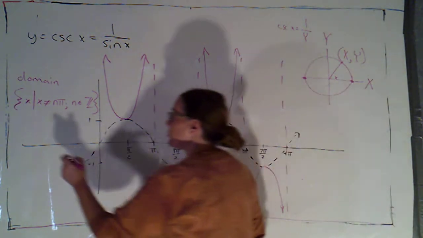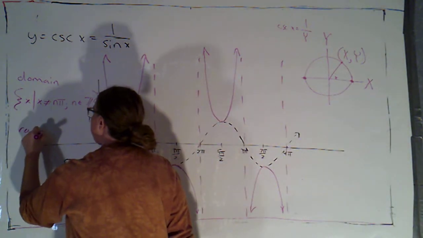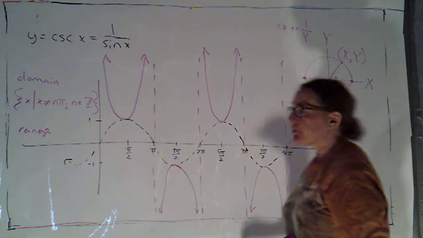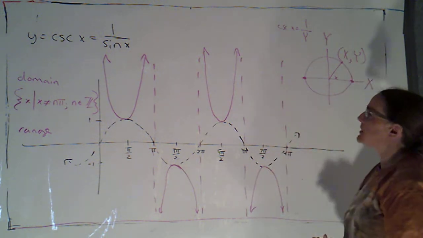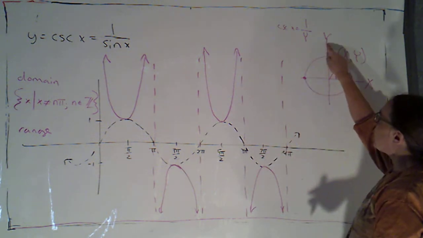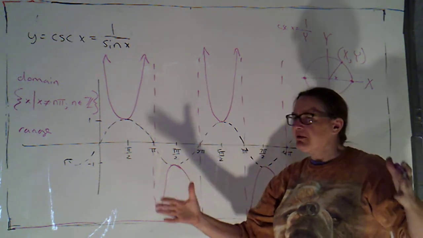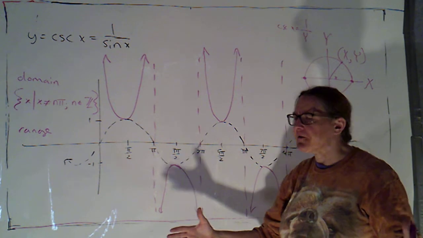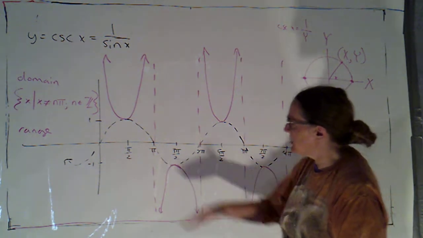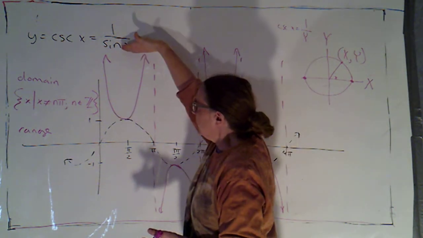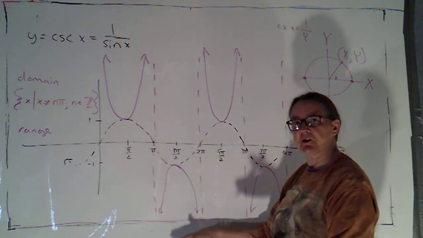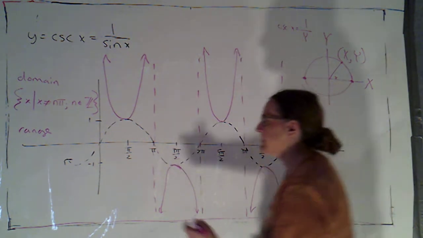We can also talk about the range. We had done that previously by just looking at the unit circle and saying, if our y values were taking on values between -1 and 1, what does that mean about the reciprocals? Well, what we came up with was that the reciprocals were going to be 1 and bigger, or -1 and smaller, and that's really nicely reflected in this graph.